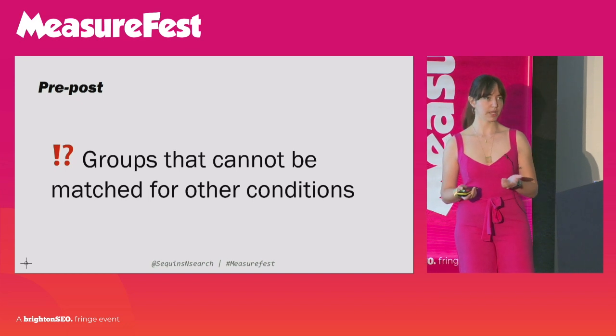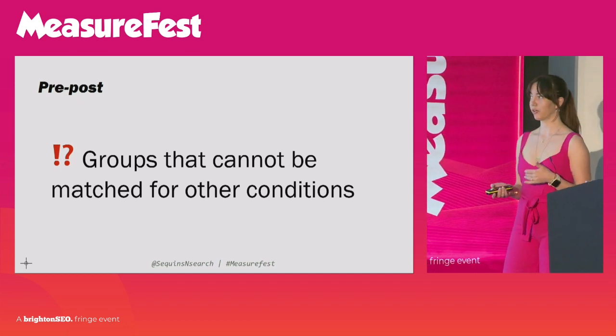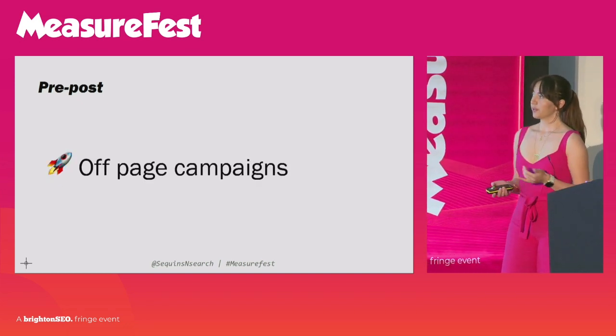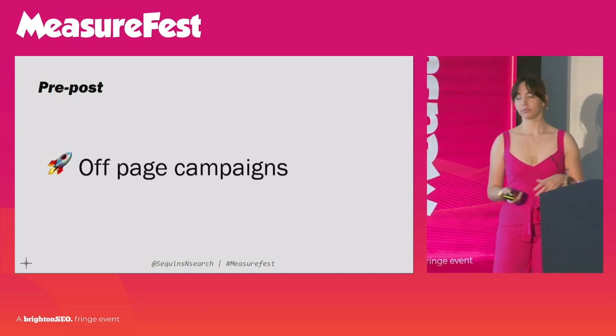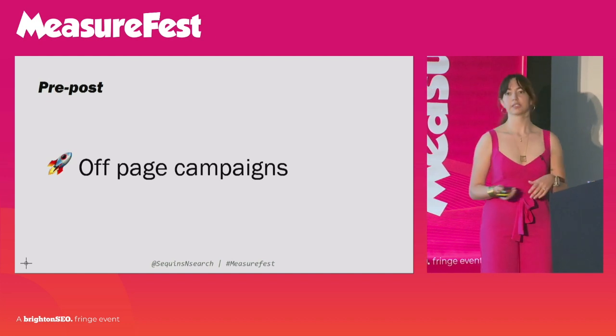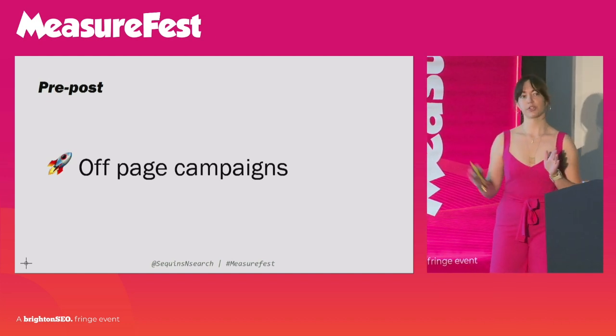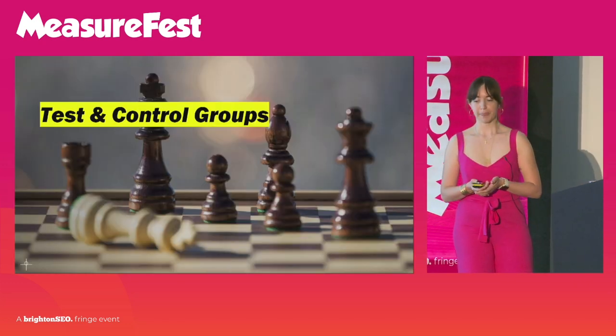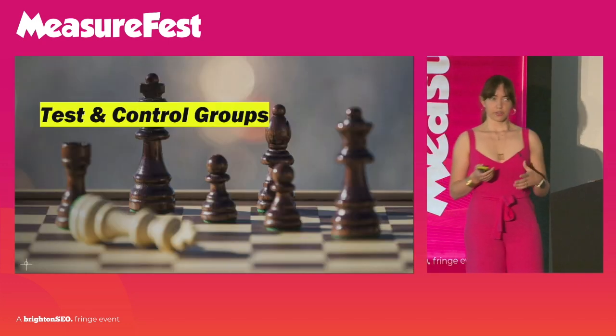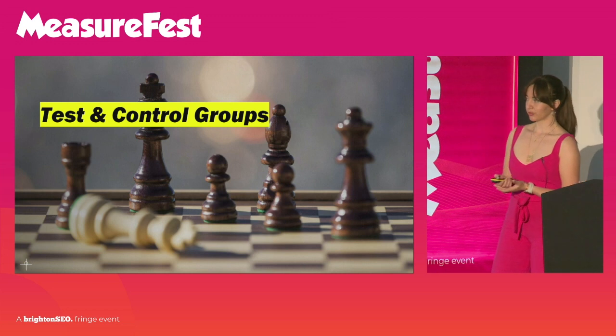So you just use time as your factor. Off-page campaigns too. So if you have a PR campaign that goes up and you want to measure the impact on a number of your SEO metrics, then you can use the launch date and measure the impact that it's gotten from the launch date.